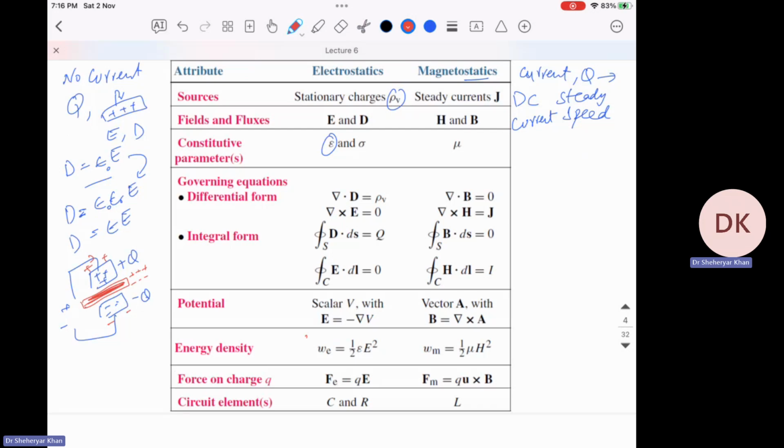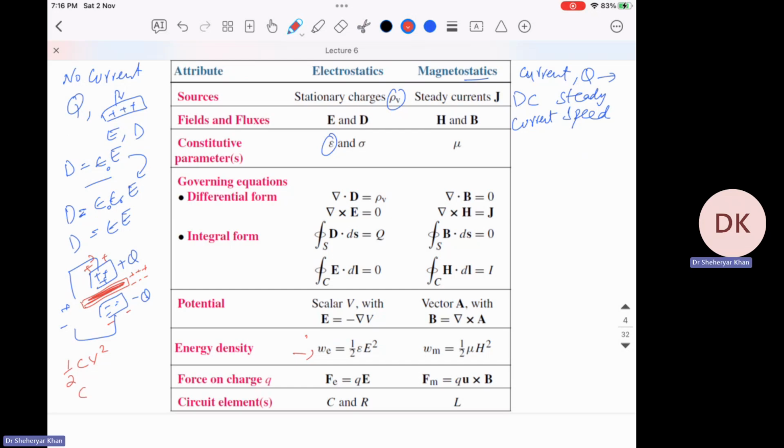Now, we also learn from this concept that the energy stored in this capacitor is half CV squared, right? And this formula is also equal to half epsilon E squared, right?